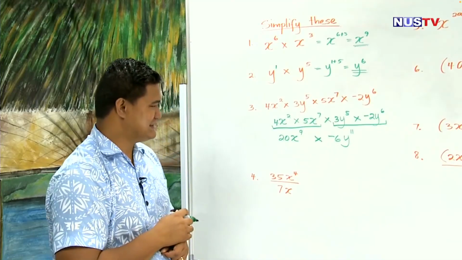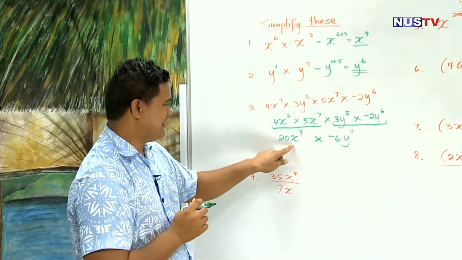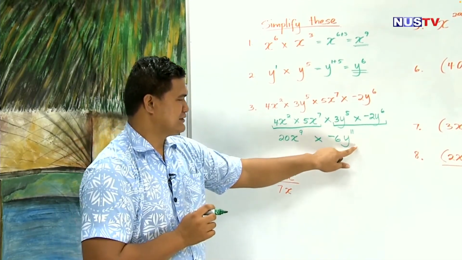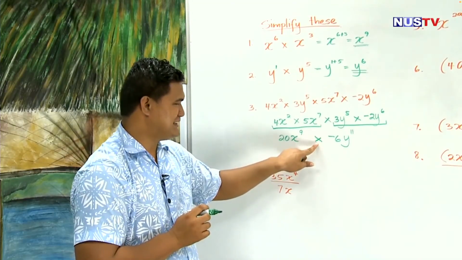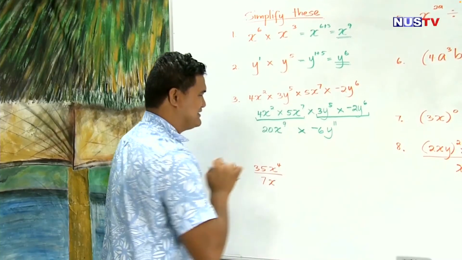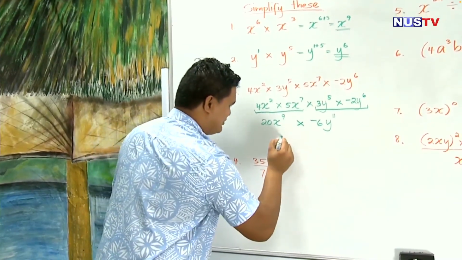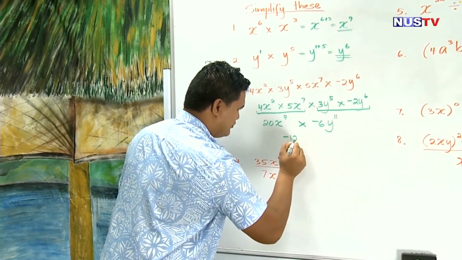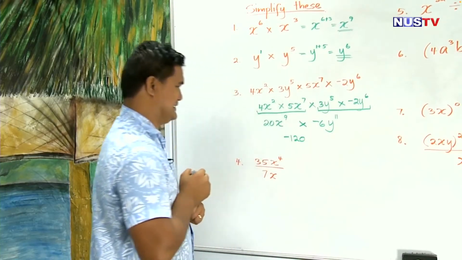Okay, we're not done yet. Now we have our collection of x with our y. Because this is a multiplication, we are still continuing with our simplifying method. So 20 multiplied by negative 6, the answer will be negative 120.